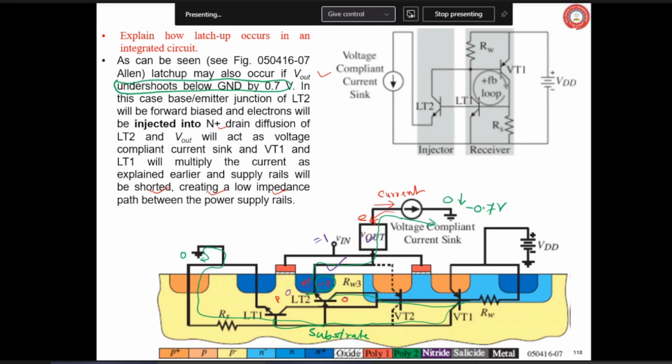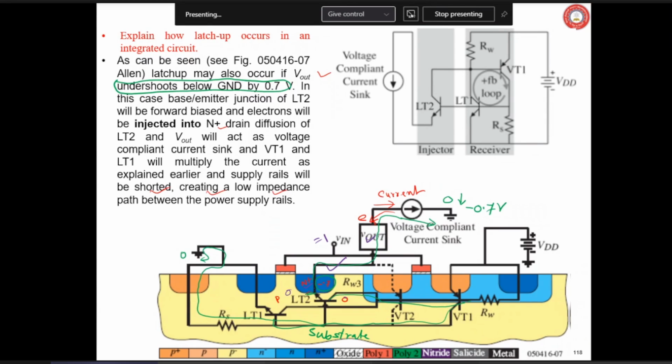Reverse. Harsh Tripathi, what is your opinion? Forward biased. P side is at higher potential compared to the N side. N side is minus 0.7, whereas P side is 0. So it is forward biased.